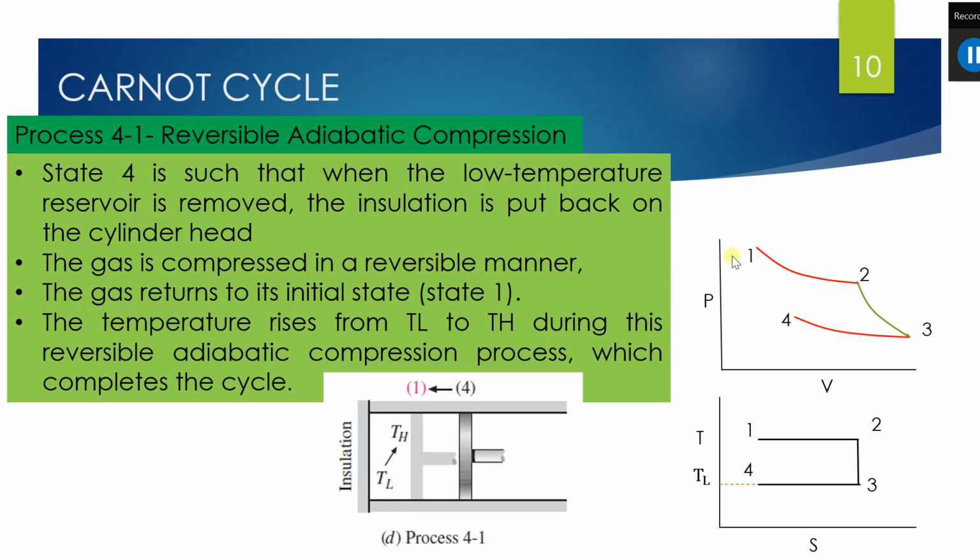The PV diagram is shown here, and graph 4 to 1 shows the reversible adiabatic compression process, and in the TS diagram it is represented as a straight line because the temperature rises from TL to TH. Okay, or the temperature changes from 4 to 1.